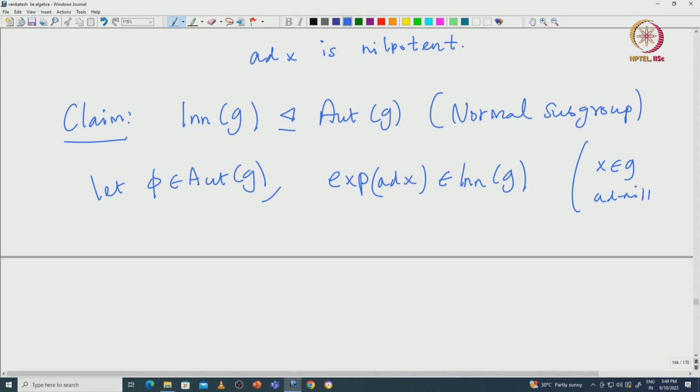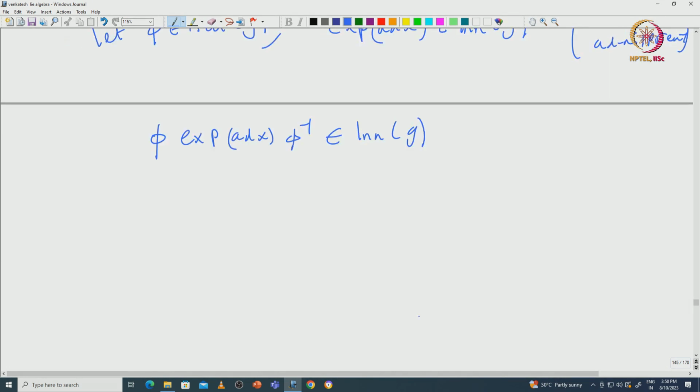Okay. So, then what do you need to prove? You need to prove that pi exponential ad x pi inverse should again be inside the inner automorphism group of G. But this just follows from the following calculation. One can easily check. So, this pi exponential ad x pi inverse is nothing but exponential ad pi of x.